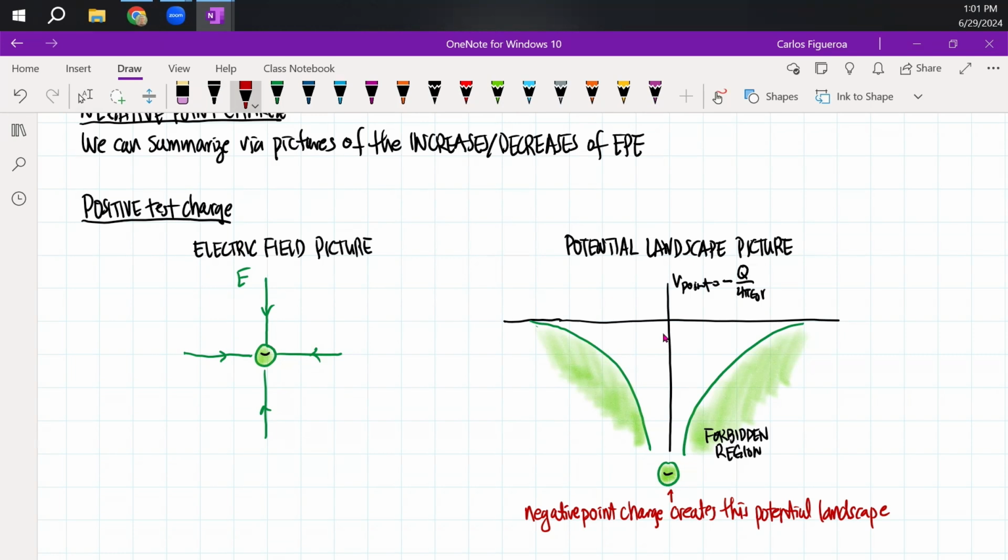So here we go. Now let's start our process as before. We have a test charge right here, and this test charge is going to start right here. It's a positive test charge, and this is number one. So what do I see? I see this guy moving with the field.